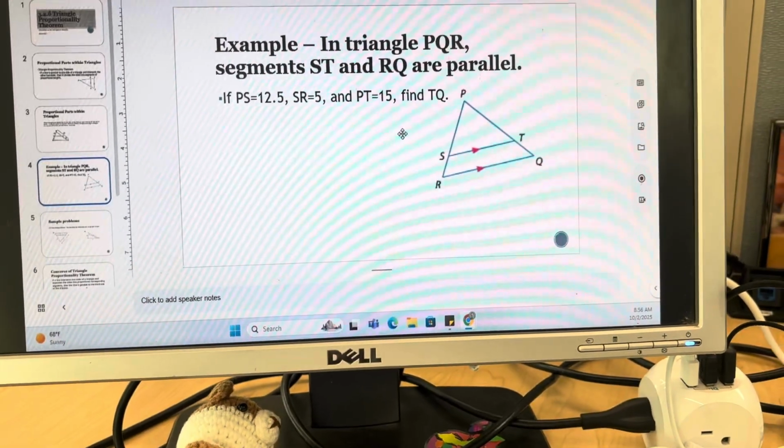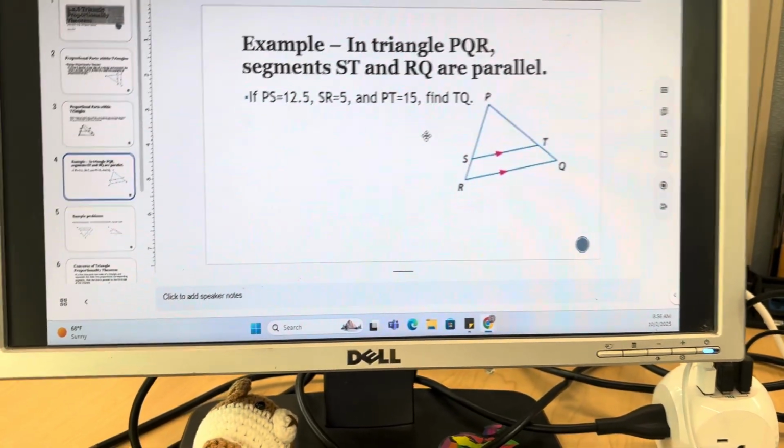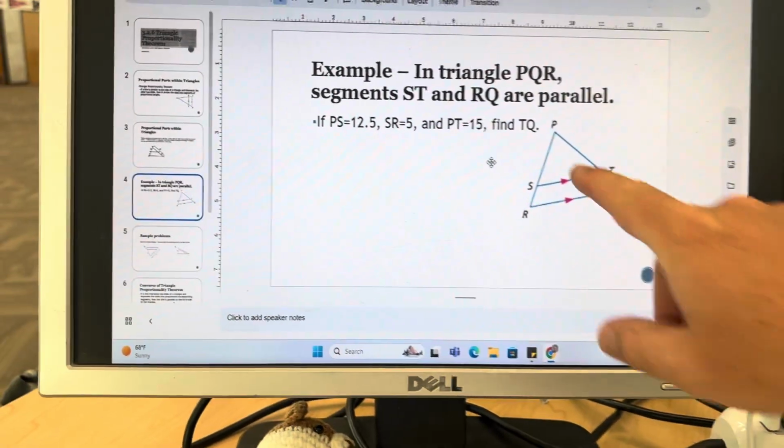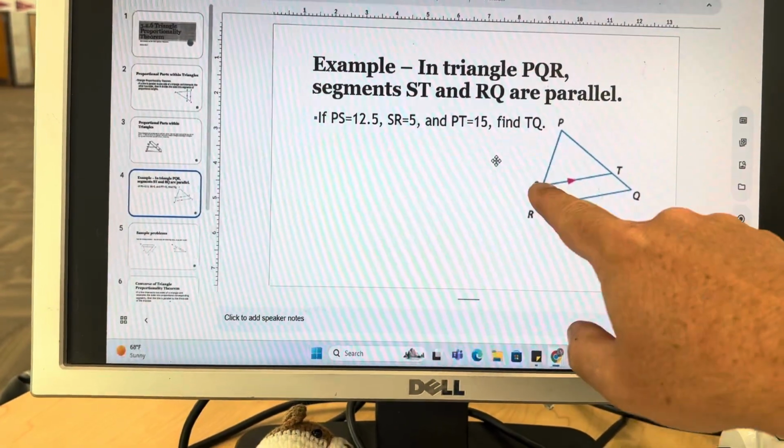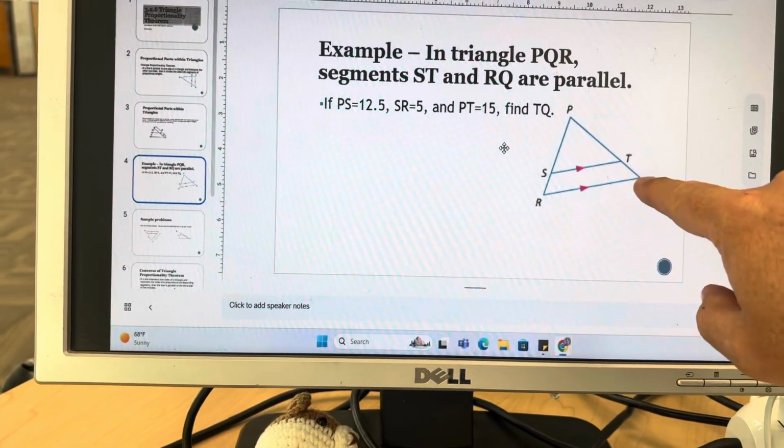On this one, it says in PQR segments ST and RQ are parallel. So if PS is 12.5 and SR is 5, if PT is 15, find TQ.